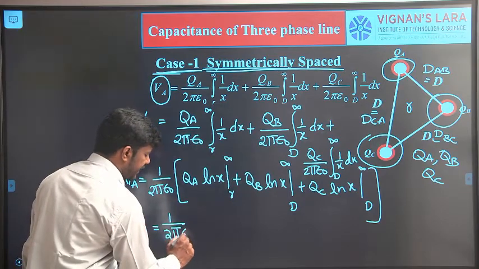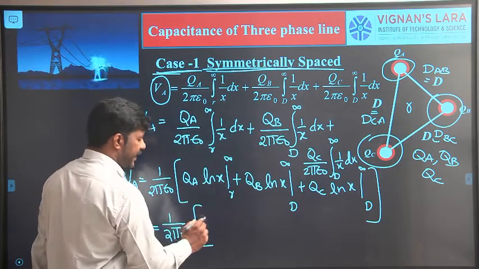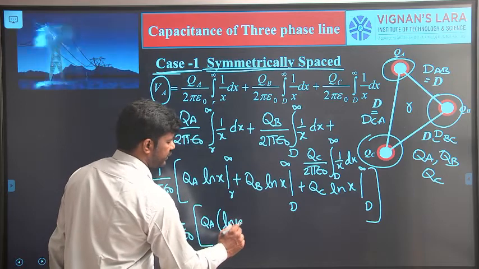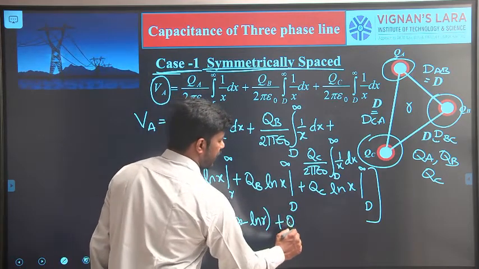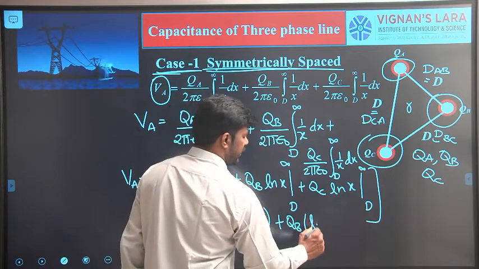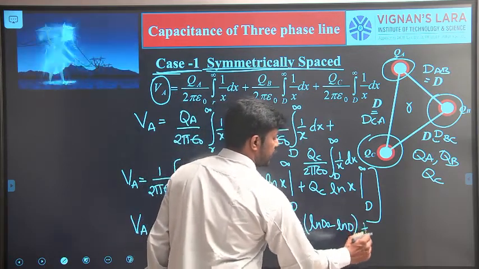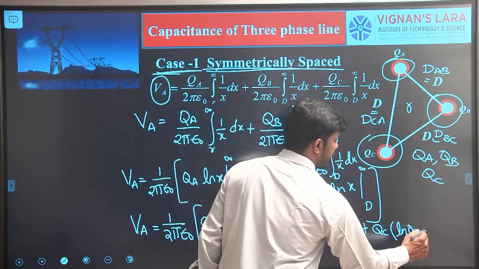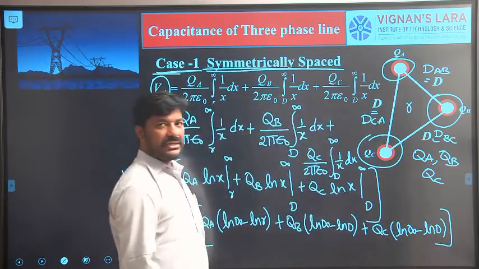which was taken as the common part, and expanding that, I can write it as QA of ln of infinity minus ln of r, plus QB of ln of infinity minus ln of capital D, plus QC of ln of infinity minus ln of D. These are the three charge terms on expansion.